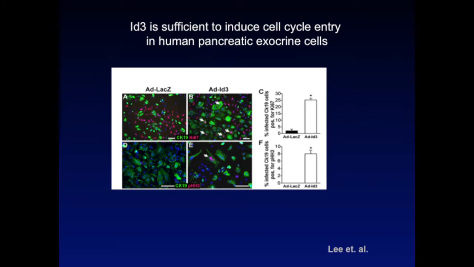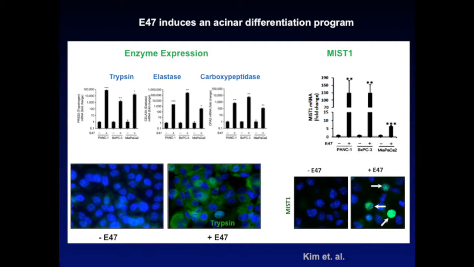And for the rest of the studies I'm going to show you, we used an inducible system so that we could activate the bHLH protein E47 on demand with tamoxifen. In either case, ID3 knockdown or induction of E47 induced immediate growth arrest in the PDA lines that we looked at, and this was primarily G1 arrest.